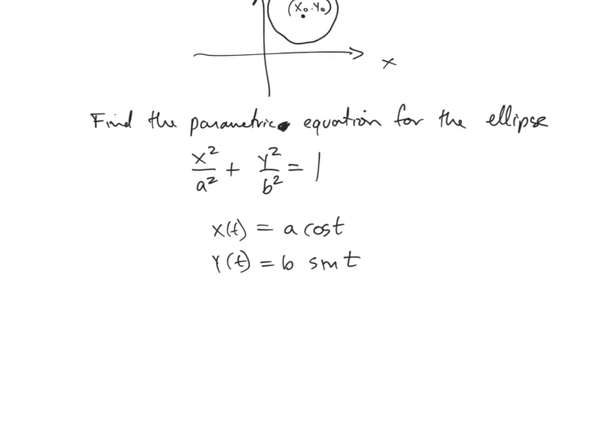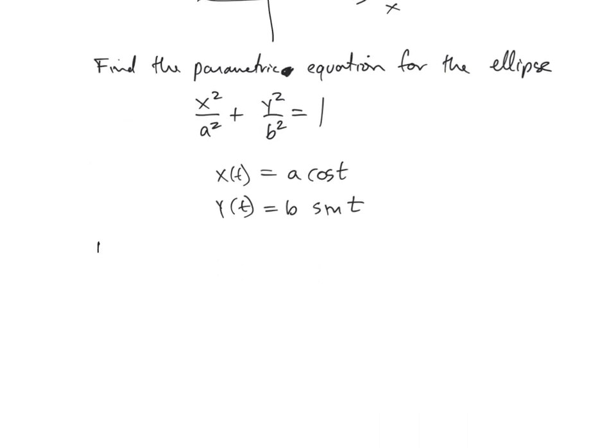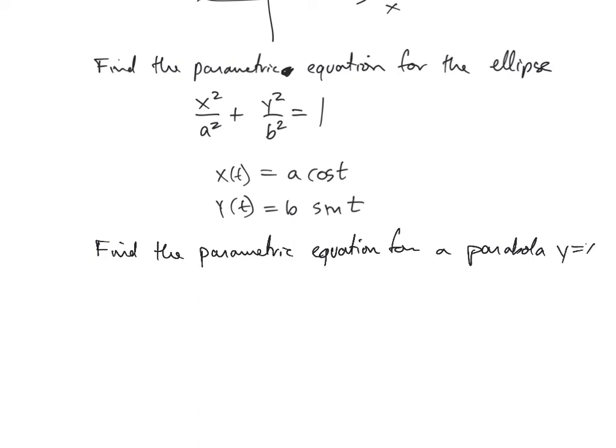Okay, what about this one? Again, I want an equation for x equal to some function of a parameter, call it t, and I want a second equation, y is equal to some function of t.